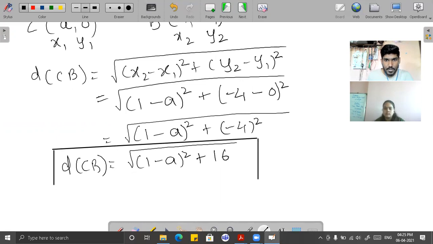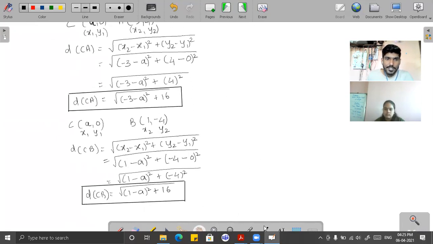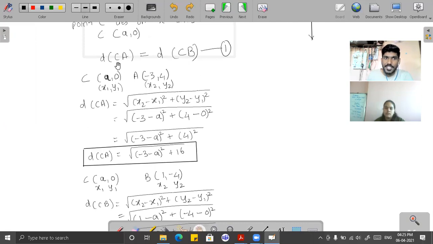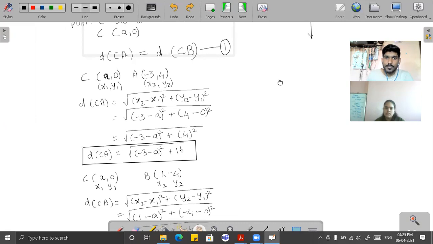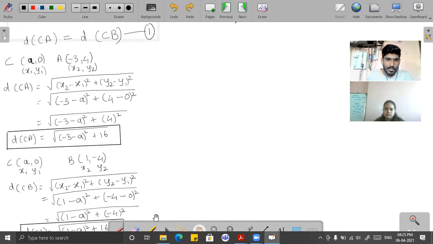Okay. Now we have found out distance CA and distance CB. And what is our equation 1? Our equation 1 says distance CA is equal to distance CB. So I'll come here.